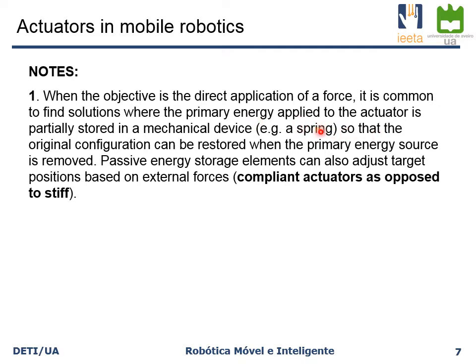So, for instance, in the case of a spring, you can apply a force. The spring will absorb the energy, normally reducing its length, and then when released, it can restore the original configuration when the primary energy source is removed.